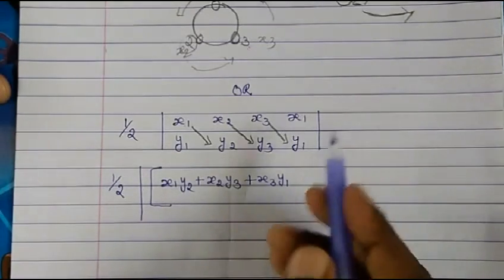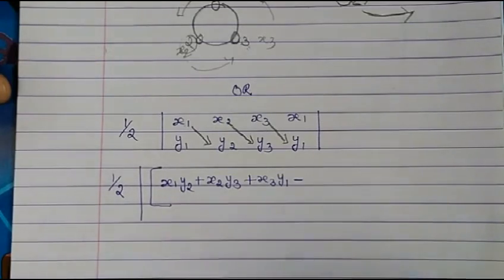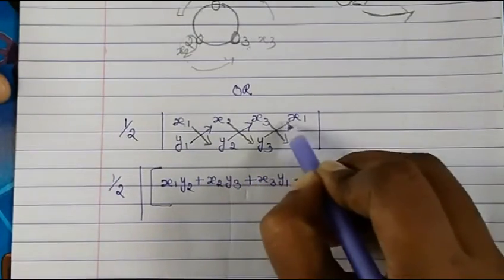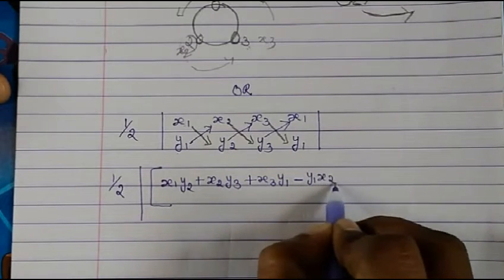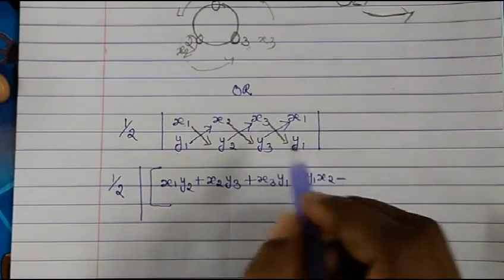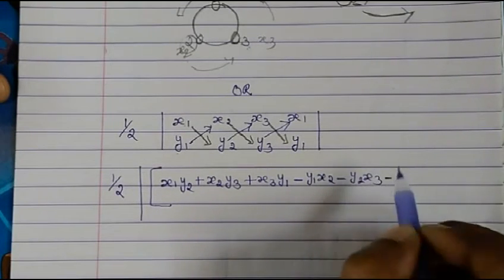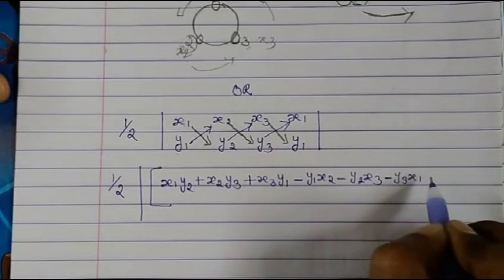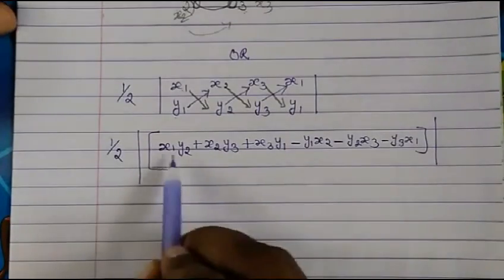When you have written this direction, all with x1 y2 plus x2 y3 plus x3 y1, now when we start from the other direction, the sign will change to minus. So now you will write y1 x2 minus y2 x3 minus y3 x1. Then we put the modulus here.